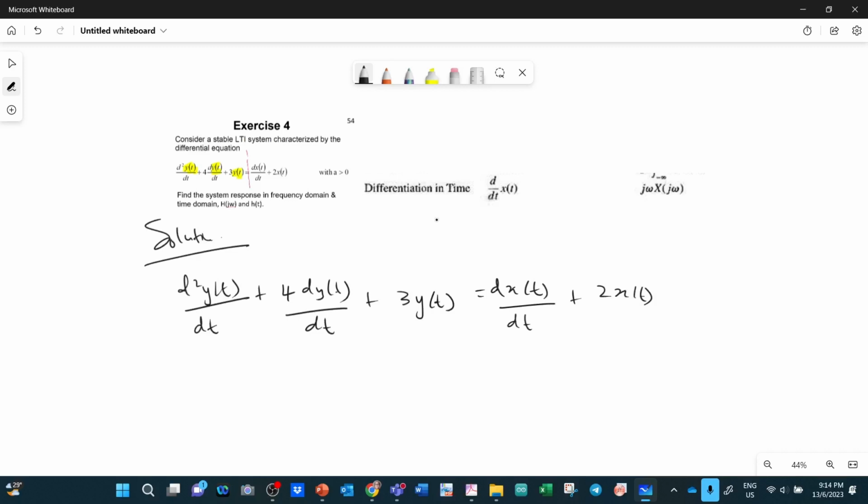So you have d over dt over here, but you look at this part, you have the power of 2. So basically for d squared x over dt squared, you have (jω) squared X(ω).